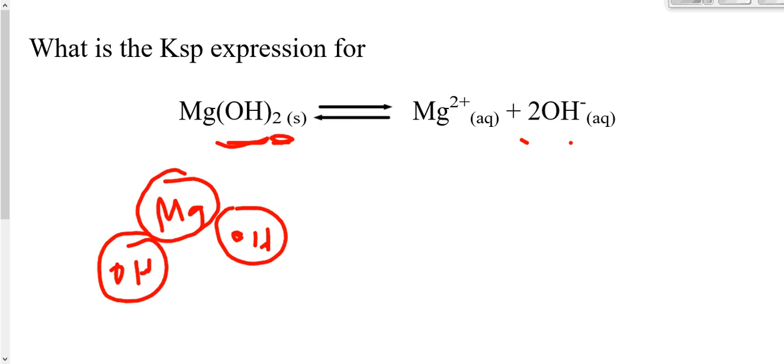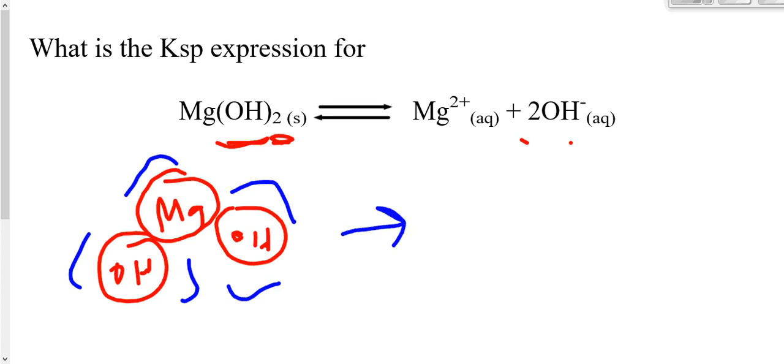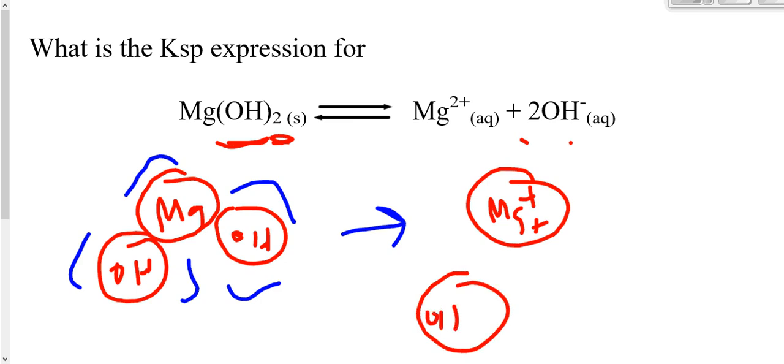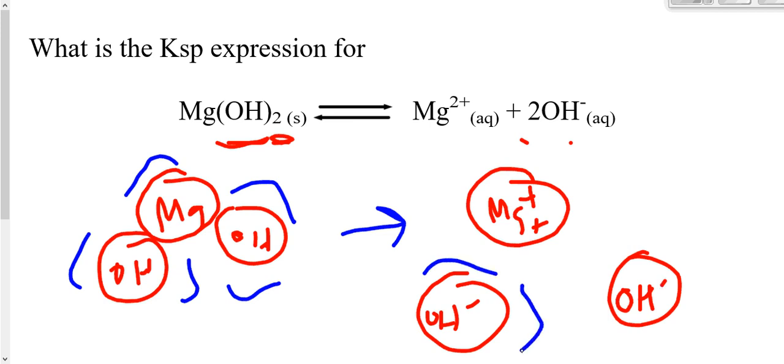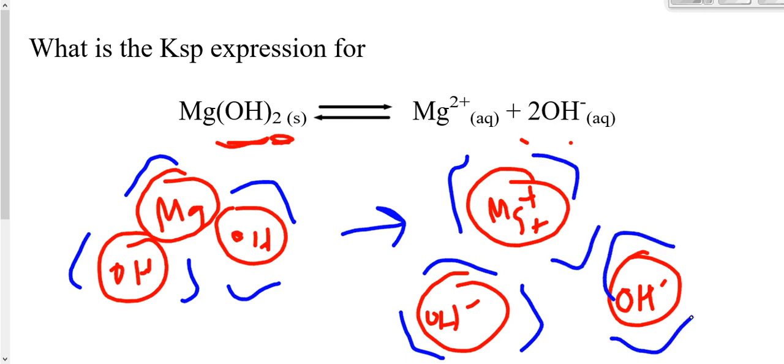When the water molecules come and try to pull them apart and form hydration shells around them, we end up with my magnesium ion floating around, having lost both of his electrons, so he'll be +2, and the 2 hydroxide ions form negative ions, OH minus 1, here's another OH minus 1, and they will all be completely surrounded by hydration shells of water molecules. There are our water molecules.